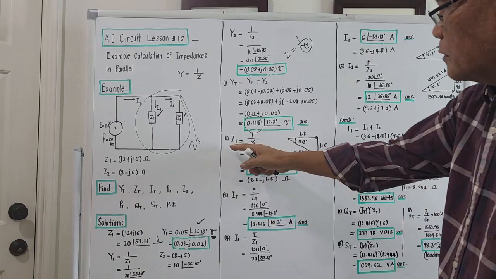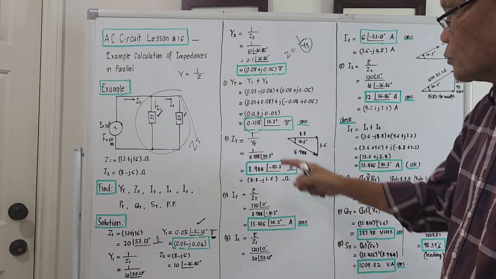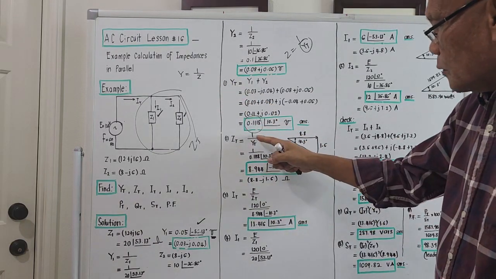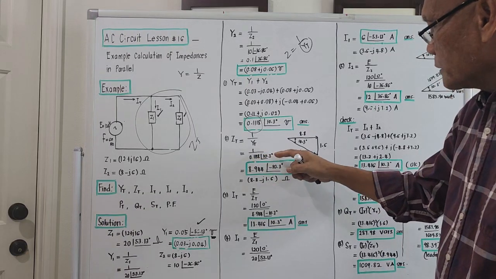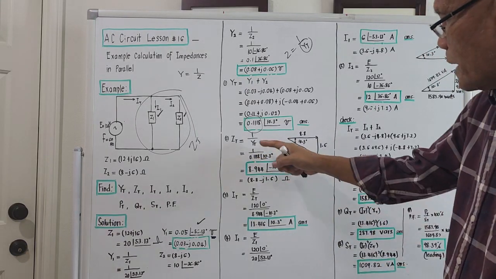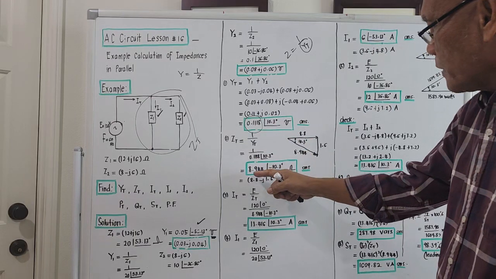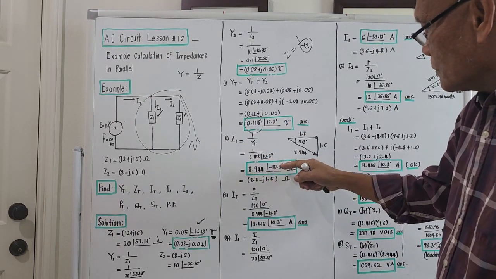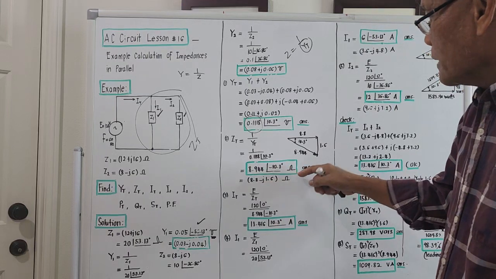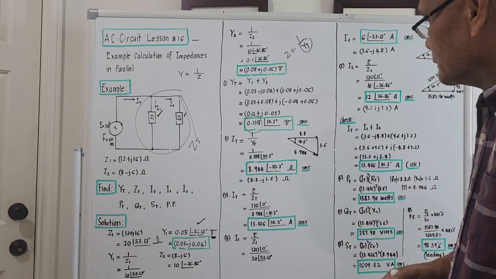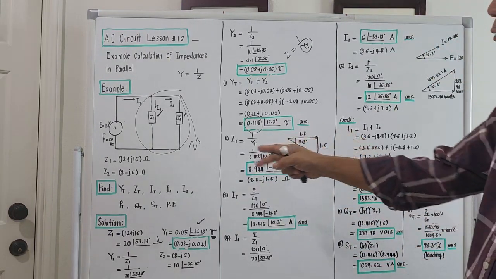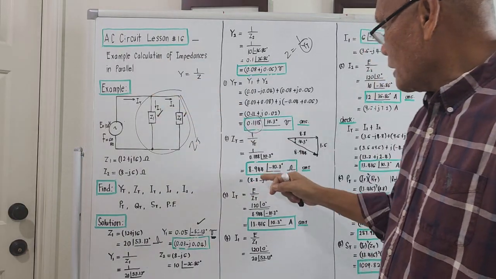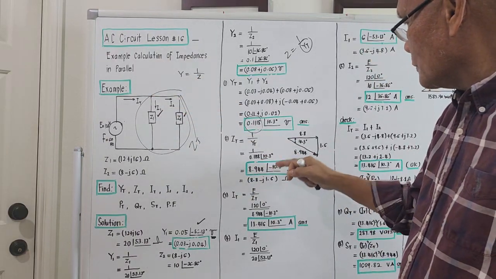So C total now of the given two impedances will be 1 over y total. 1 over 0.118 angle 10.3. 1 divided by 0.118 will be 8.944. We bring this up, so this should be negative 10.3 degrees. The unit is ohms. So the magnitude of the total impedance, the equivalent of this, is 8.944 angle negative 10.3.